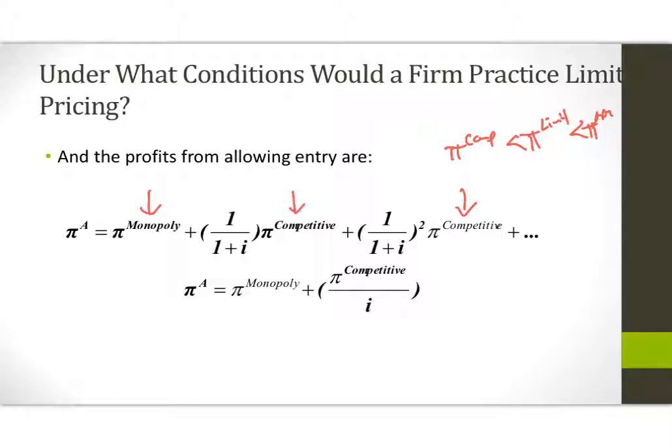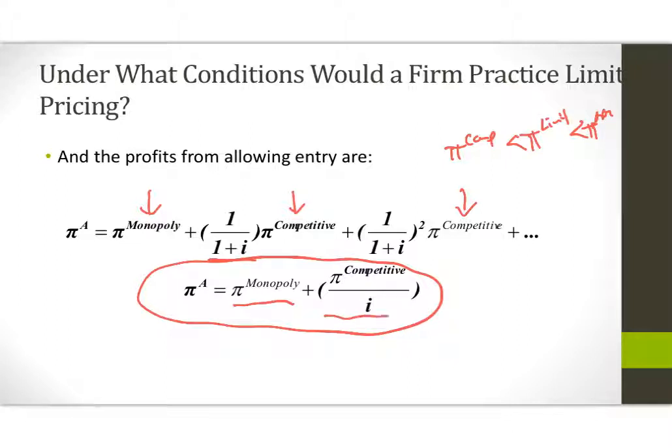So that's the relationship between these, and then we're simply discounting. So here's our formula for the present value of not limit pricing. You get this amount today, and then you get this amount going forward after the entrant has come in.